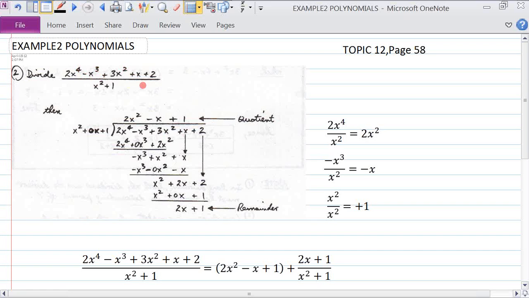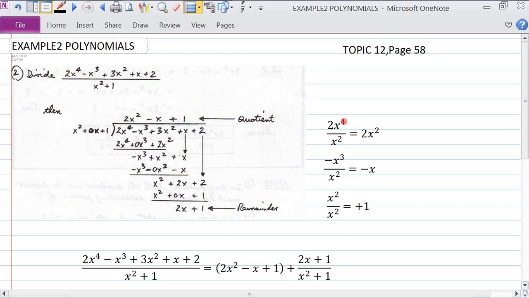4, 3, 2, 1, 0. Descending powers of x, x squared here. And now what we're going to do is start off by taking the first term here and dividing it by that.